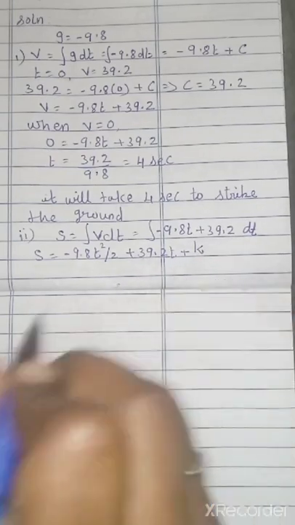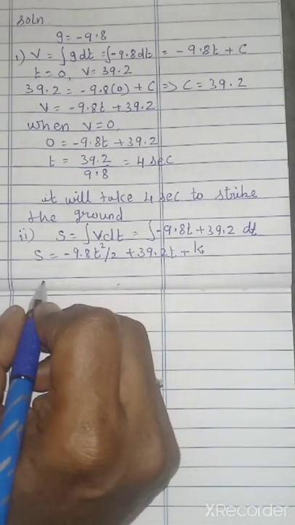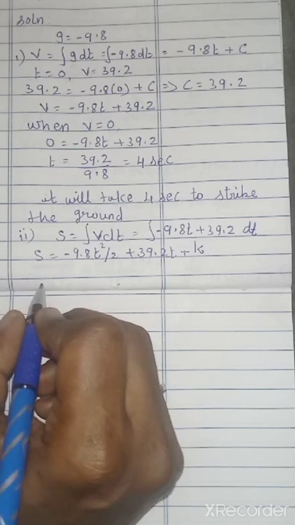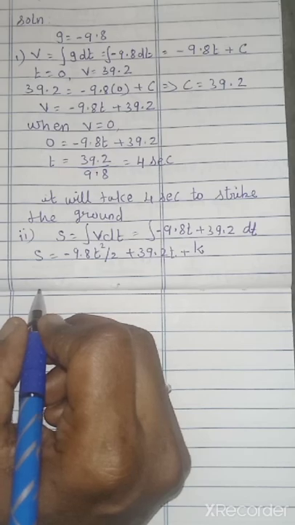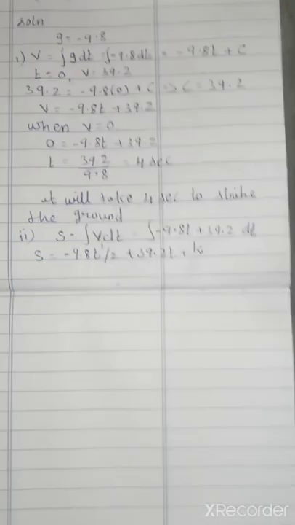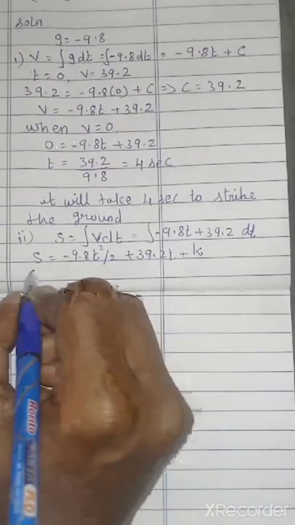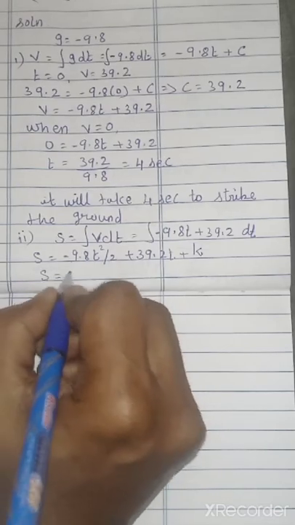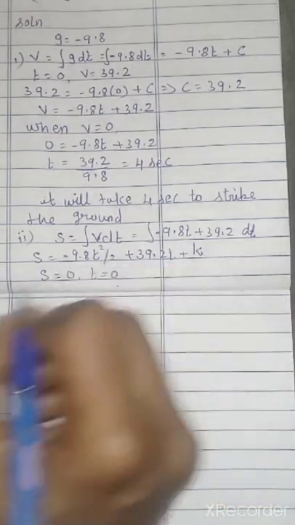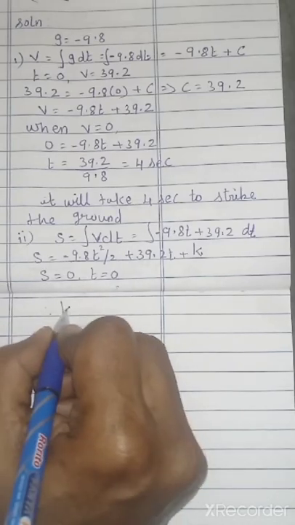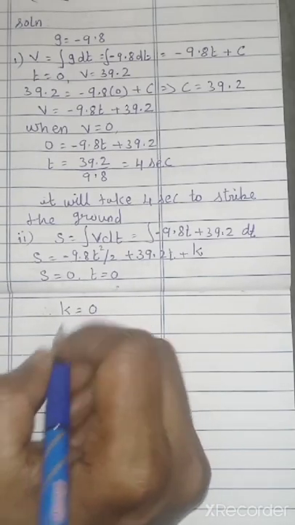Okay, so here what we want to find is the speed with which it will strike the ground. So again, when it strikes the ground, we take s equal to 0, t equal to 0. Substitute here, therefore k is also equal to 0.